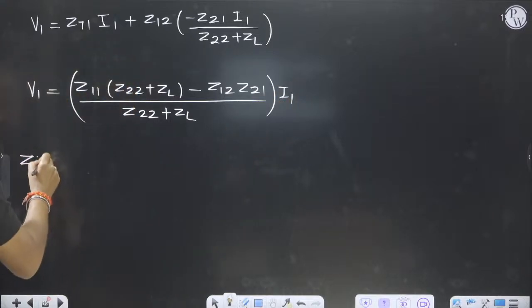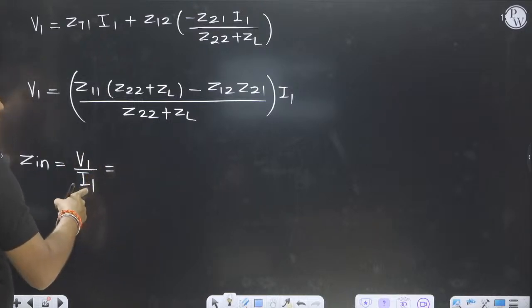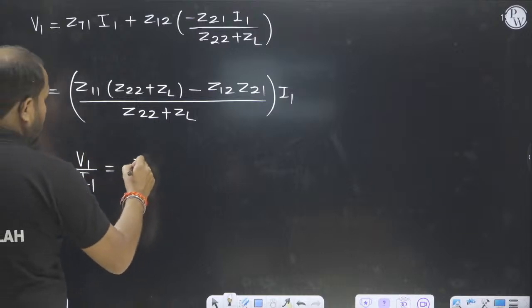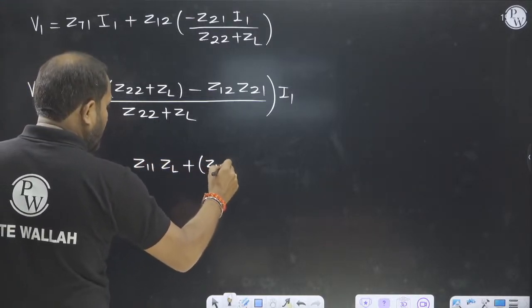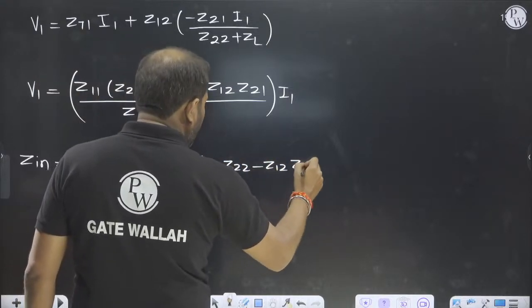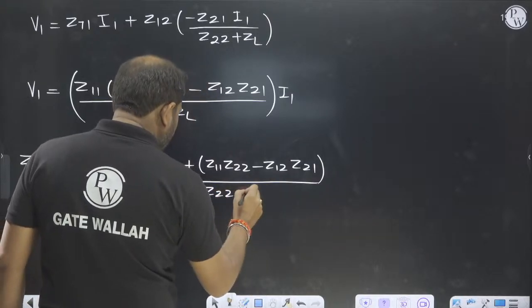So Zin will be equal to V1 by I1. But I2 is not 0, so it will not be equal to Z11. So Zin is Z11 ZL plus Z11 Z22 minus Z12 Z21 divided by Z22 plus ZL.